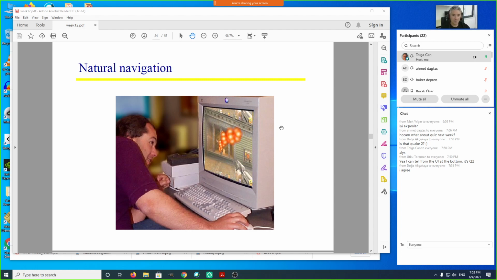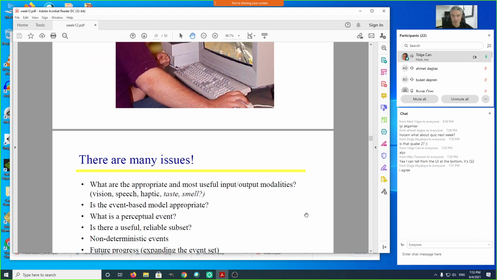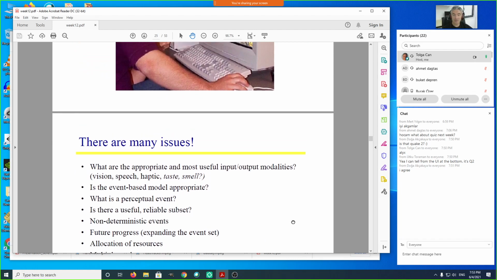It was really difficult to tell, okay, I'm reaching my backpack and grabbing a clip, and it was a difficult thing to do. But if there was a perception interface which tracked all of my movements very accurately, all these small hiccups would be solved. And there are many issues.